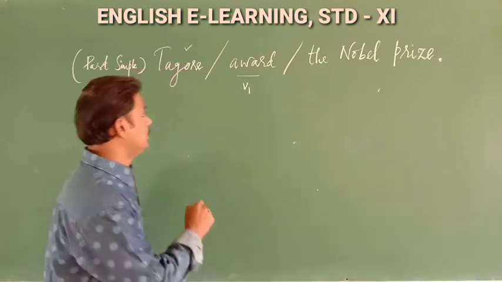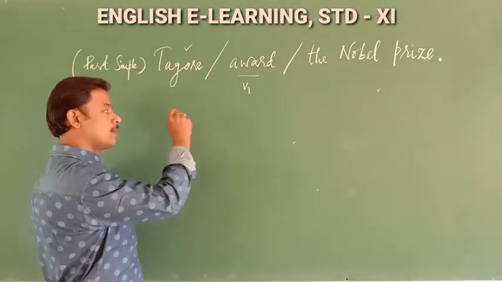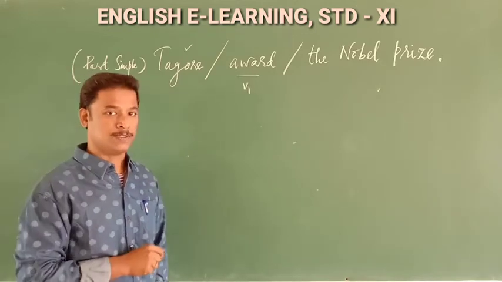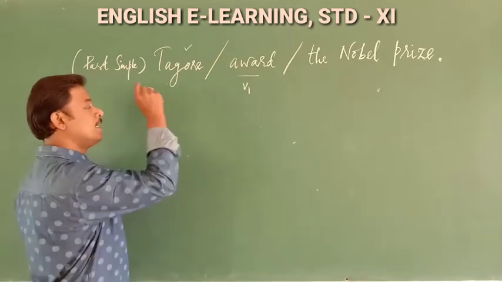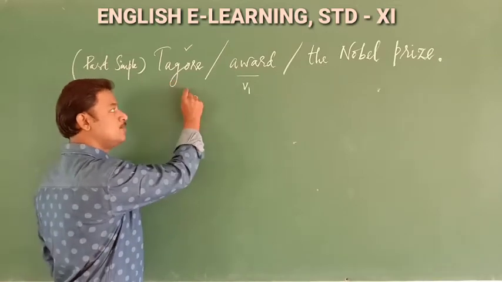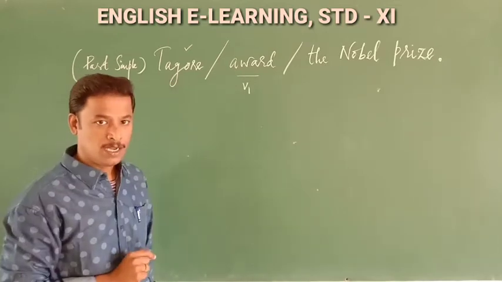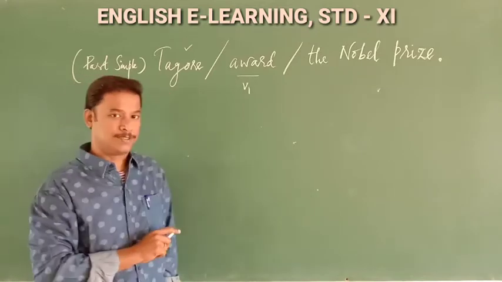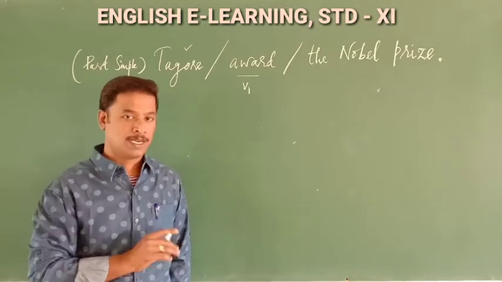And we have to use the passive form, because before writing this sentence into active or passive, we must analyze whether the subject does the action or the action is done to the subject. Analyze this.